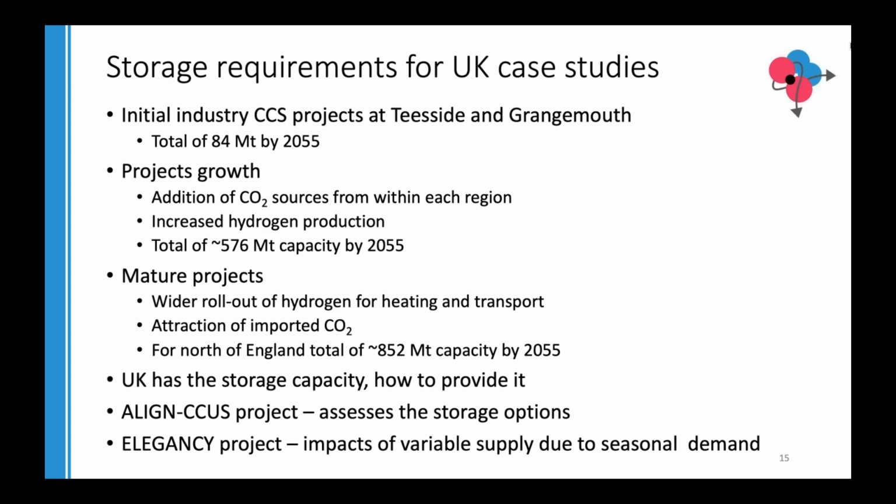We can expect a significant increase in the storage capacity that will be needed to around about 576 million tonnes by 2055. If we think about this wider rollout of hydrogen, particularly for heating and some transport, and the potential to import CO2 from other parts of Europe, then again, the storage capacity will increase quite significantly to around 850 million tonnes of CO2.